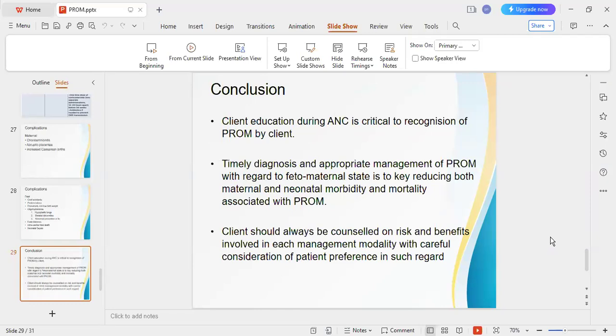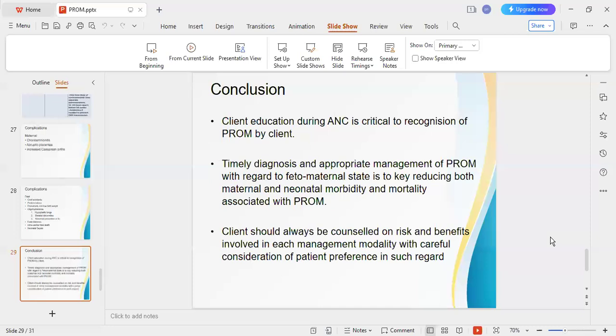We have to try as much as possible to individualize our care with patients with PROM, because there are certain clients that are really going through issues of infertility, and they might come with these issues. We shouldn't just ignore what they also want, but make their decisions come into play in our management of these patients.